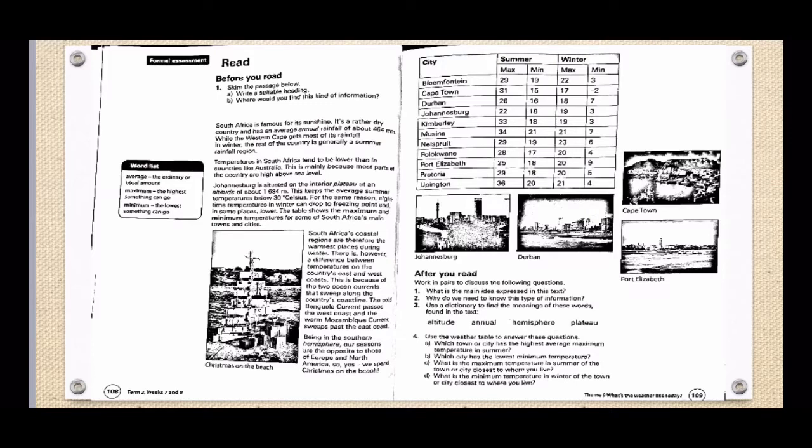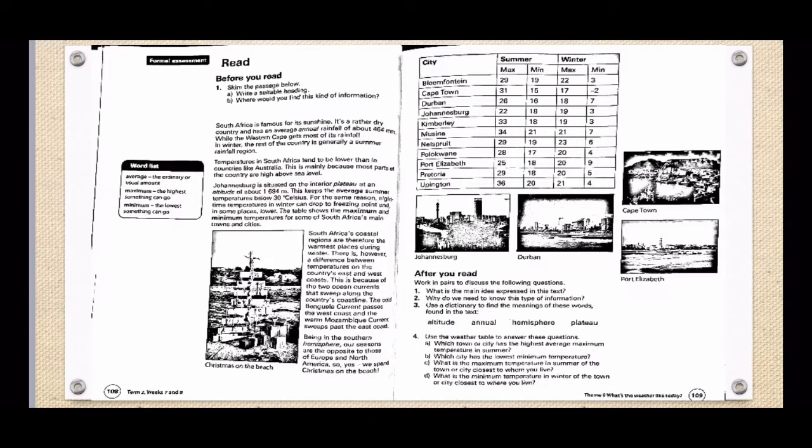Okay, so if you continue to the next page, 109, we have a table here with all the different cities. We have Cape Town, Durban, Johannesburg, Bloemfontein, and so on. And then we have a column for summer and a column for winter, as well as two max columns and two min columns. So this table just shows us how the temperature differs in each city in winter and in summer, right?